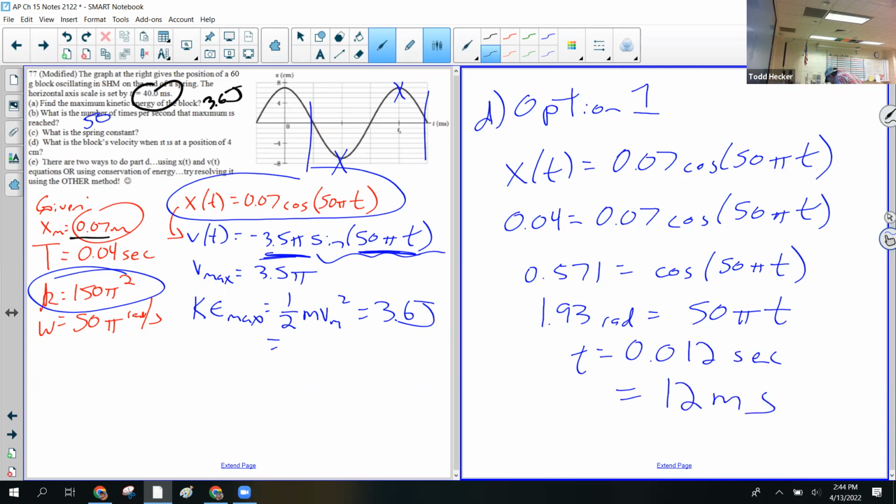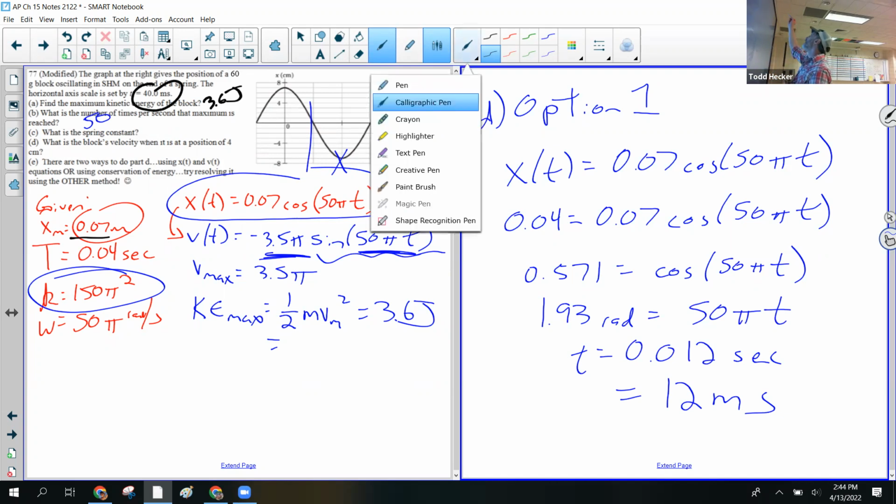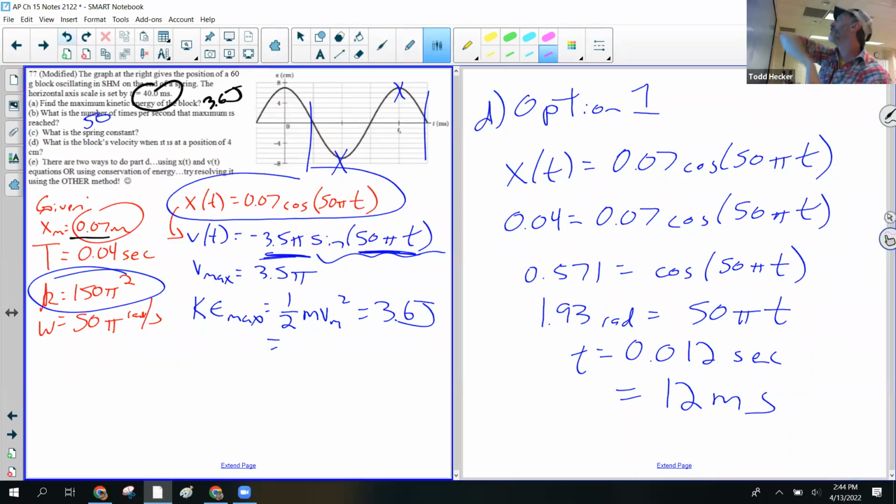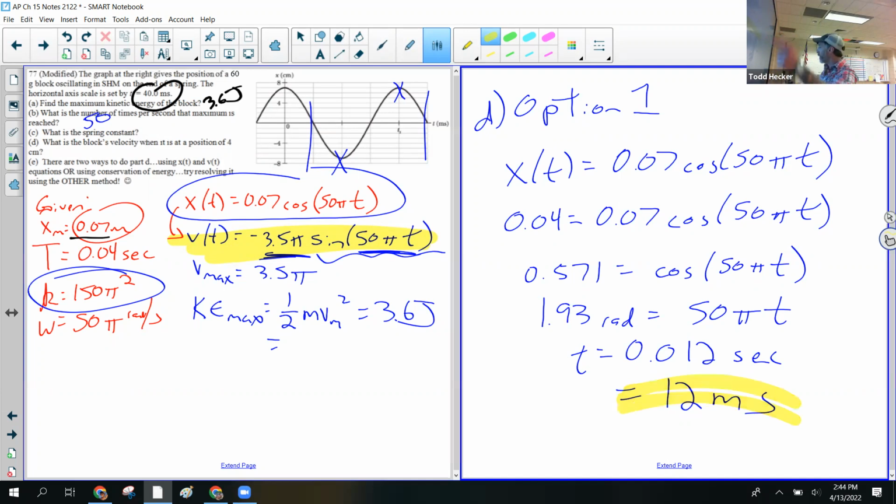Same answer I had. Oh, we're not done yet. Okay, cool. So that's the time at which that happens. Now I can take that and plug it into my velocity equation, which I was trying to highlight and failed. So this is the time at which I get to that position, and now I find the velocity.